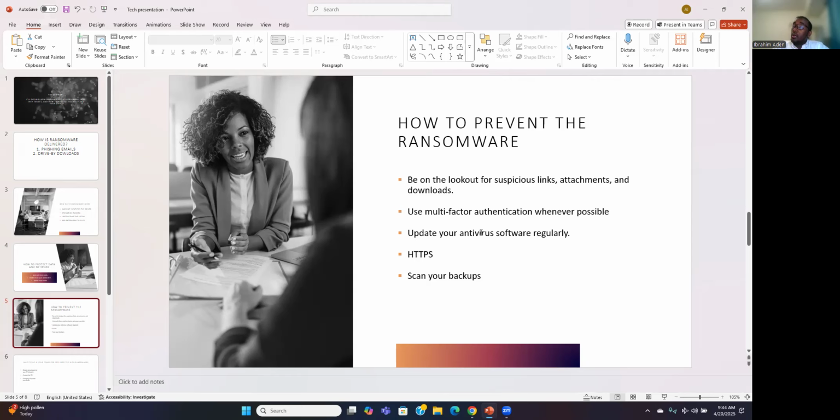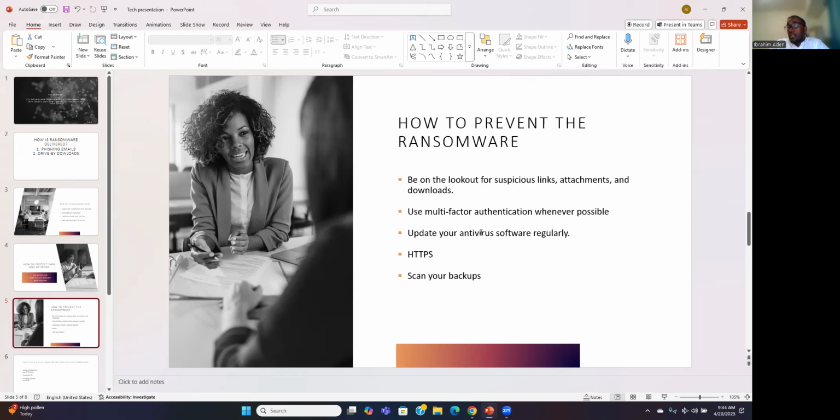That way, if they were able to compromise your password, they won't be able to access your phone, so they won't get the code, and there's no way for them to access your system, even though they have your password.